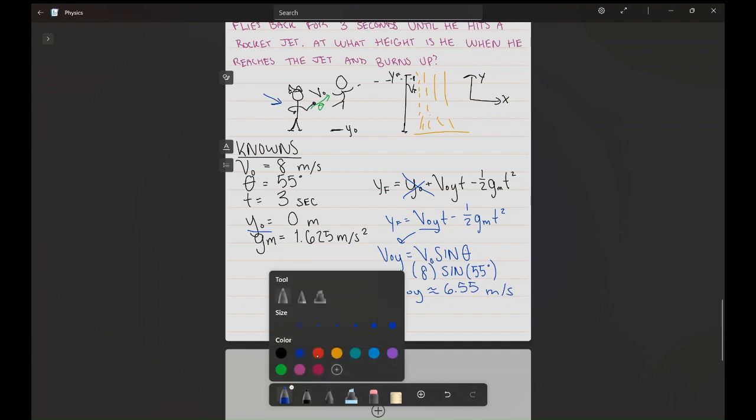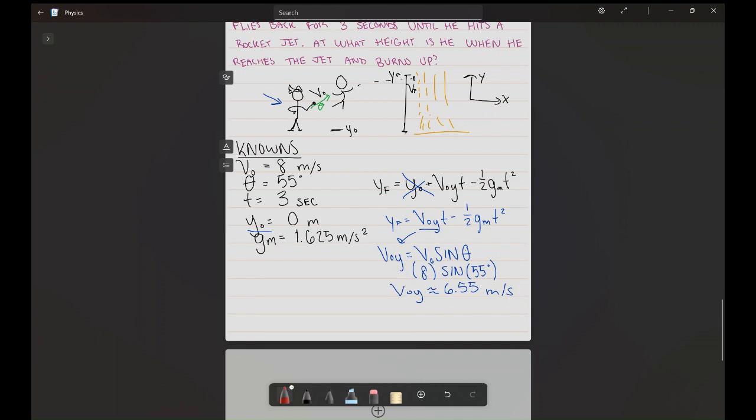So we're going to go back to our equation, and switch colors again. We're going to have our y final equals 6.55 times 3. We can finally plug those in now. Minus 1/2, our g m is equal to 1.625, and then we have our t again, squared.